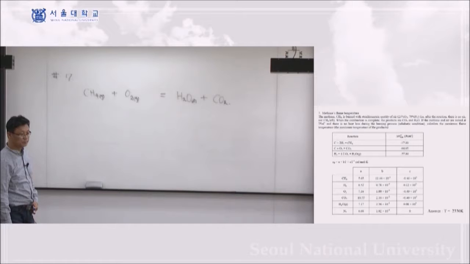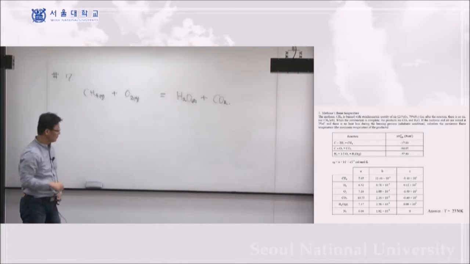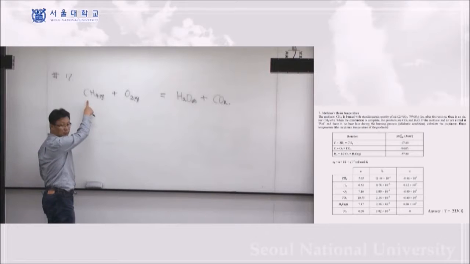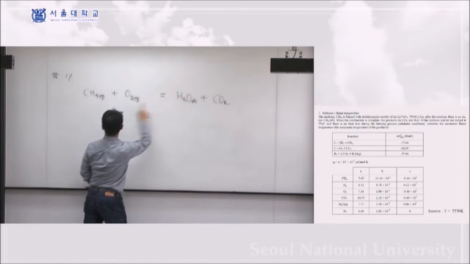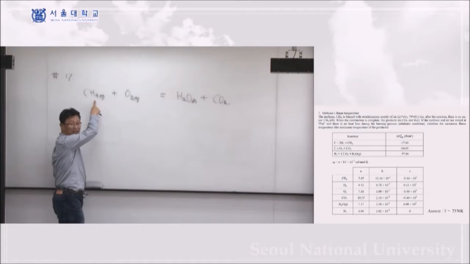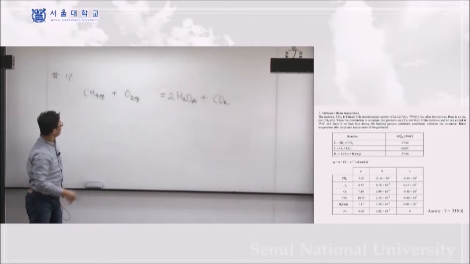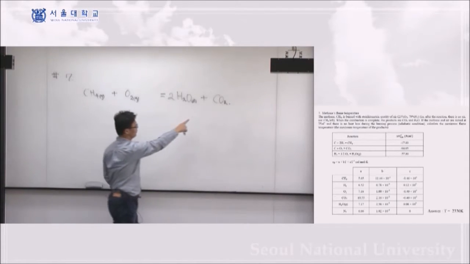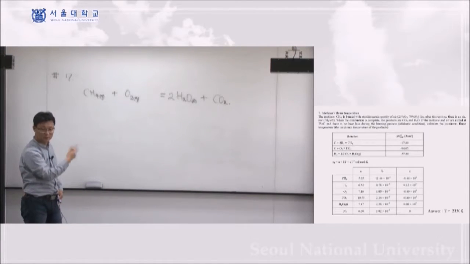Let's look at the multiplication factor for each reactant and product. I have 1 mole of CH4 and it should make H2O. So I have 4 moles of H, so this should be 2. And CH4 has 1 mole of C, so this should be 1. Am I right? We just do the mass balance on the reactant and product.